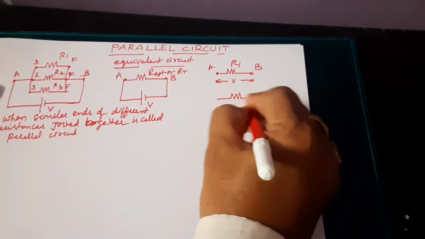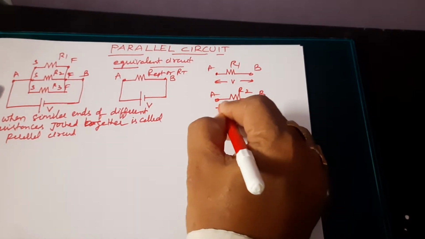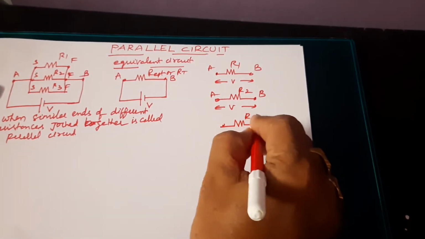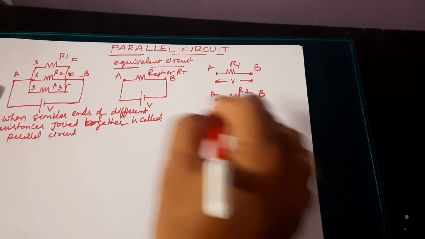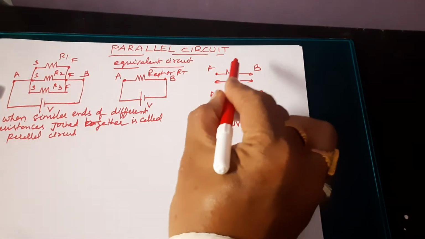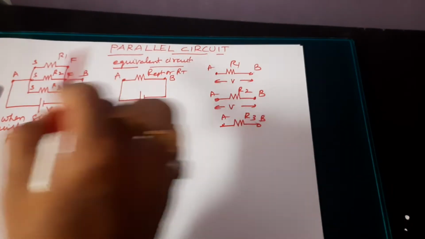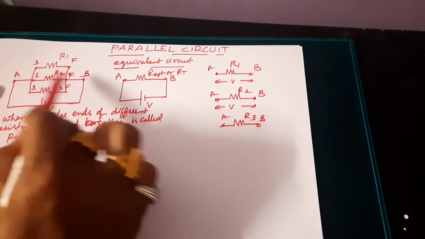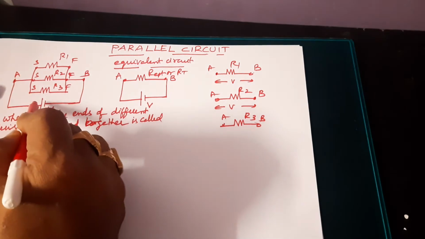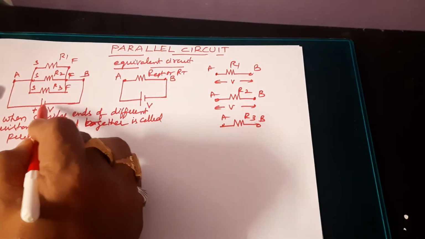Similarly, R2 is also connected across the terminals AB and also R3. That means once you join the similar ends together, if you take any resistance, whether it is R1, R2 or R3, all the three resistances are joined across the two terminals A and B only. Because of that, A is connected to the positive potential of the battery and B is connected to the negative potential of the battery.